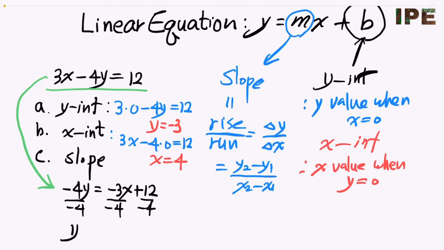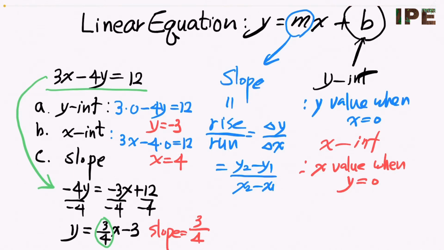And then you can find that y equals, negative divided by negative is positive, so 3 over 4 x and then minus 3. Now what is m? 3 over 4 is m, right? This is the slope. So slope is 3 over 4.